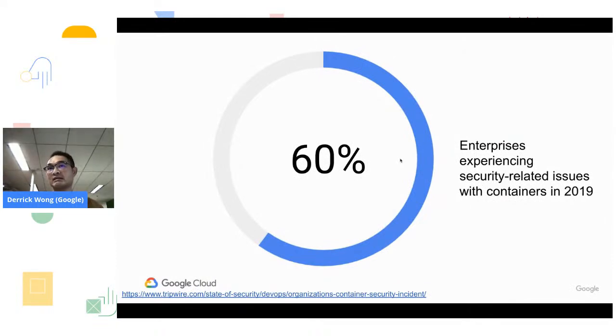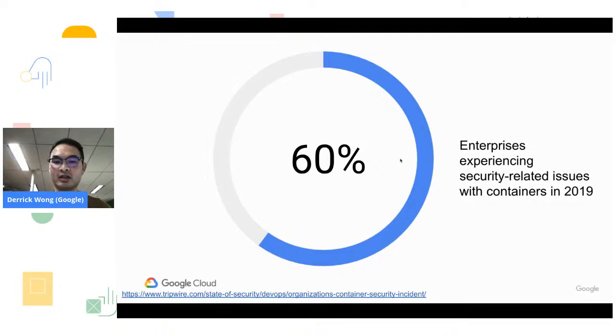And then 60% of the enterprises experienced a security-related issue with containers in 2019, about 2 years ago. So it's not hard to imagine, right? Because this kind of container technology is rather new, and lots of enterprises are adopting it.